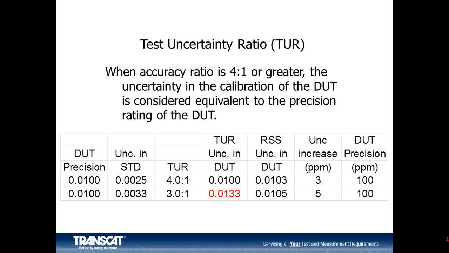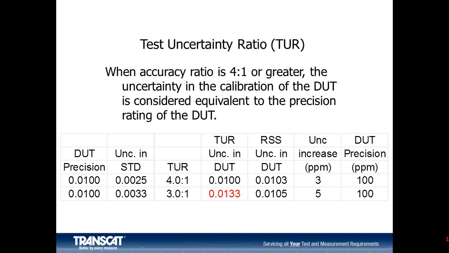But if you only have 3-to-1, let's say the uncertainty in the standard is a little bit higher, only 1/3 of the performance rating of the test instrument. We have a 3-to-1 ratio in this test uncertainty ratio guideline kind of policy, quality policy.